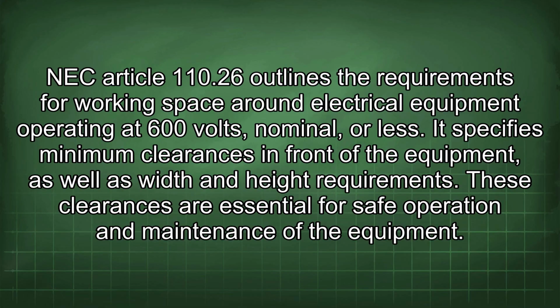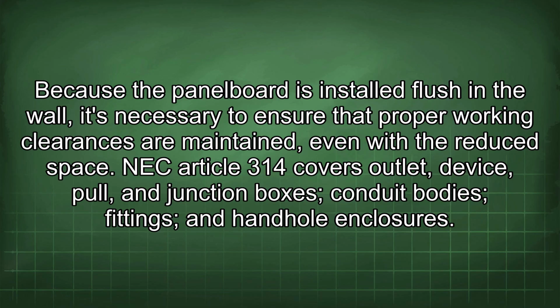It specifies minimum clearances in front of the equipment, as well as width and height requirements. These clearances are essential for safe operation and maintenance of the equipment. Because the panel board is installed flush in the wall, it's necessary to ensure that proper working clearances are maintained even with a reduced space.